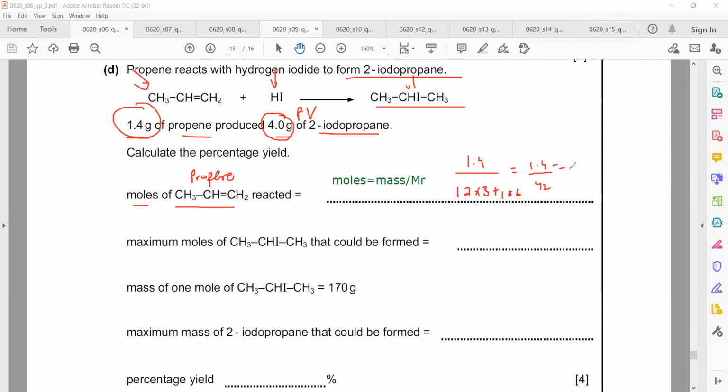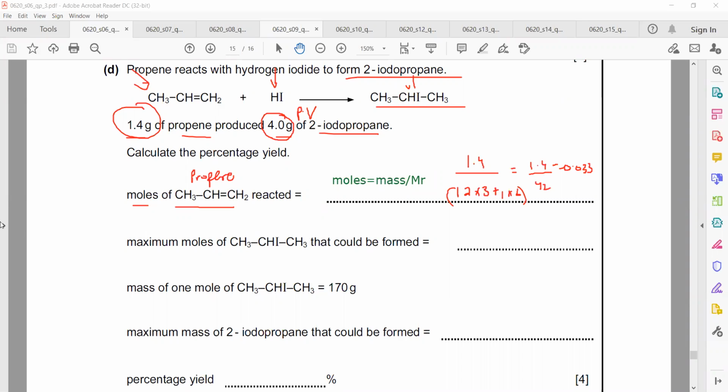That is equal to 0.033. Is it clear? Because the structure was given, using a structure we can find the molecular mass. Molecular mass, just add the mass of each atom multiplied by the number of atoms of each element. You can get the molecular mass.